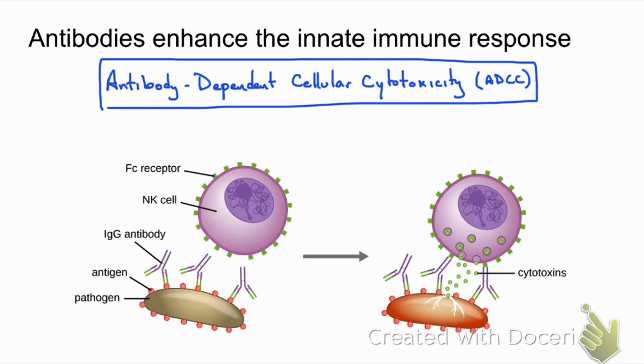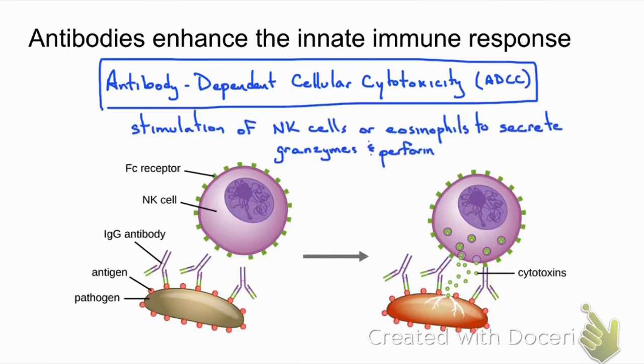In antibody-dependent cellular cytotoxicity, or what's also known as ADCC, antibodies will bind to a pathogen and they will stimulate NK cells or eosinophils to secrete granzymes and perforin. You can see in the image below that NK cells have an Fc receptor, just like we saw with macrophages in the past slide.